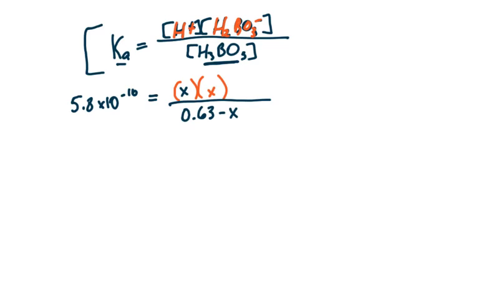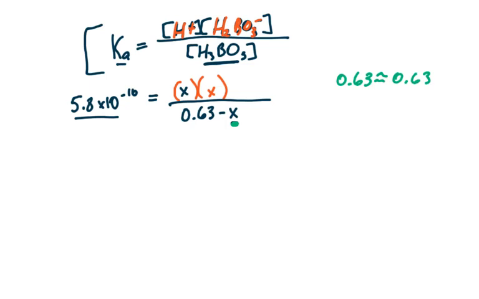Because Ka is so small, this is the value, okay? I make the assumption that X will be so small that if I subtract X from 0.63, the answer I'll get would be pretty much 0.63. So I can make an approximation here.